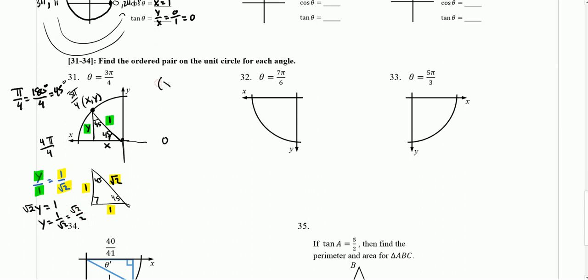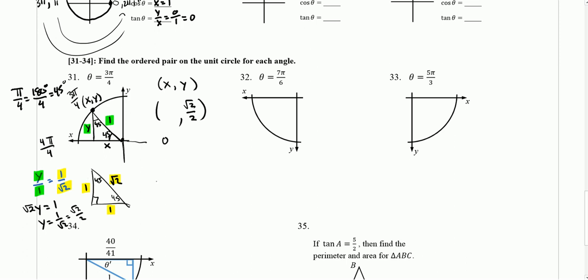So root 2 over 2 is our y value. And it's got to be positive. And we can do the same thing for the x value. When you do, you're going to get the same kind of proportion.